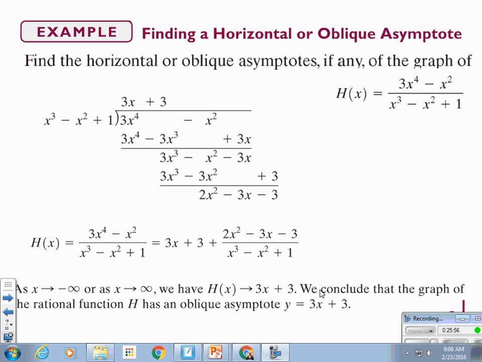So we can say that we have an oblique asymptote at y equals 3x plus 3. So essentially we ignore the remainder term here and we just look at the function we get out when we do the division.